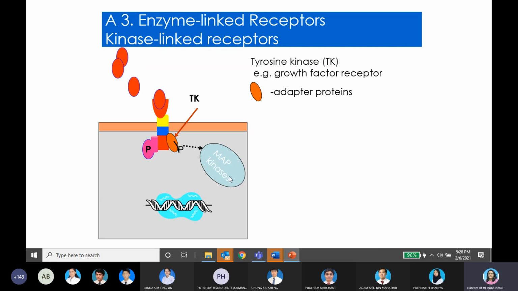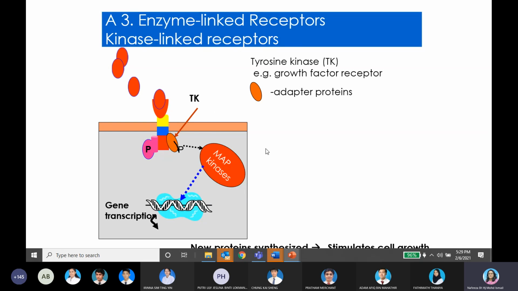When MAP kinase is activated, this will cause gene transcription. As you would know from secondary school or your science A levels or pre-university courses, gene transcription is used to produce new proteins, which are synthesized and stimulate cell growth.